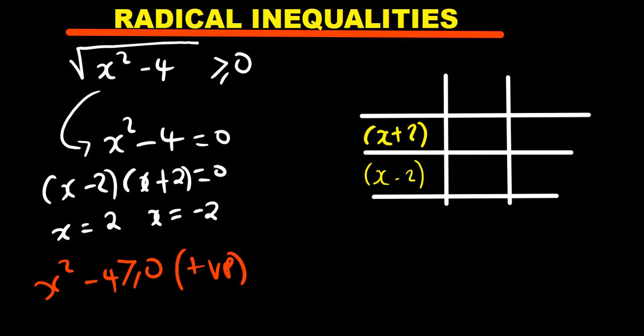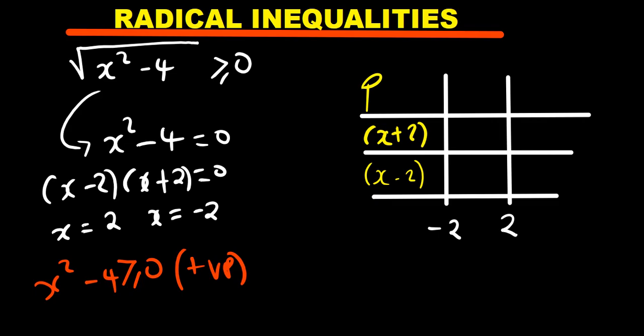These ones are multiplying, so we want the product here. Our solutions are negative 2 and 2. Note I've written them from the smallest one to the largest one.